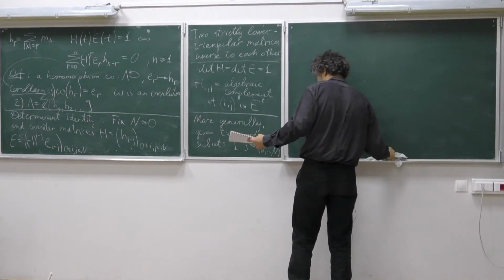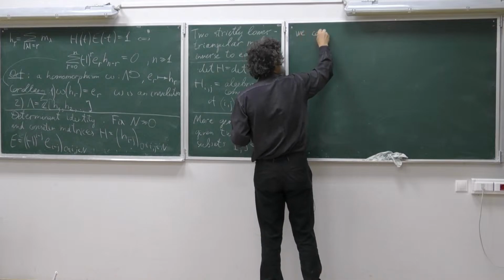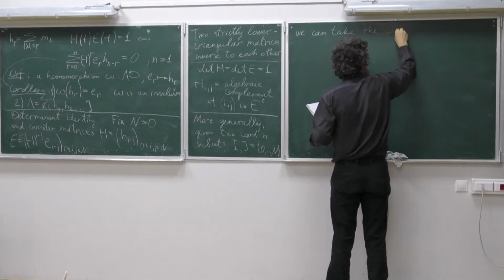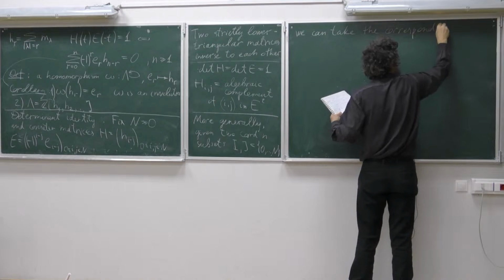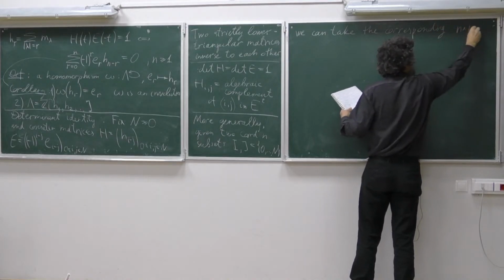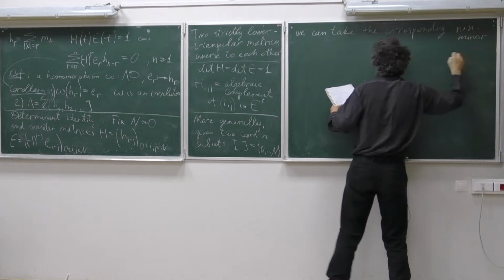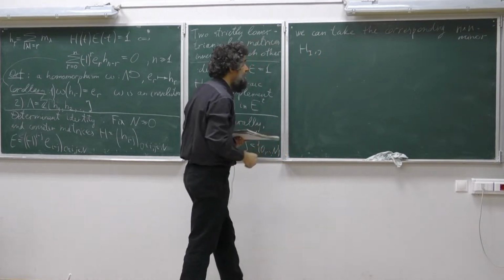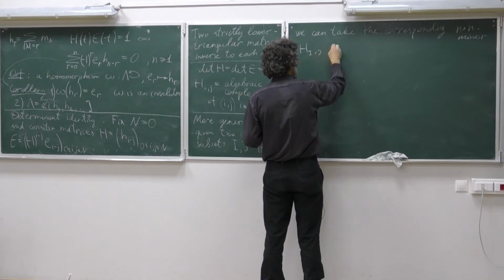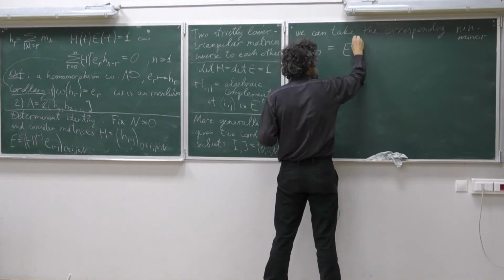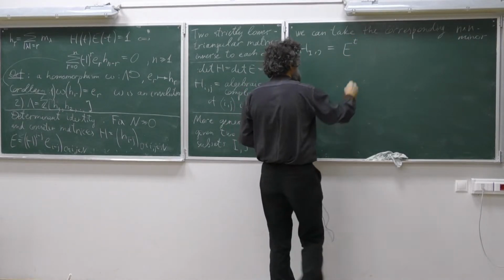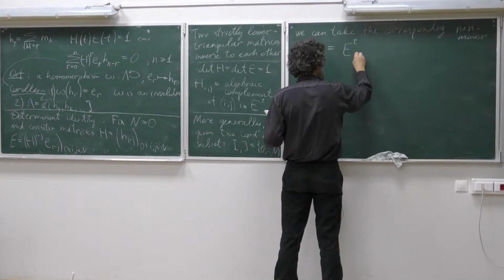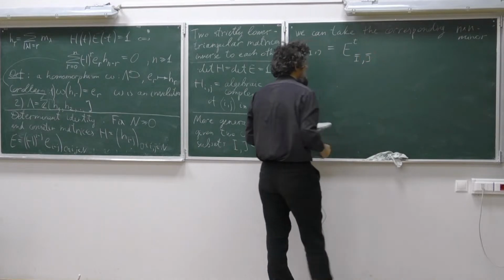So given this, we can take the corresponding n by n minor H I J, and then it will be equal to the corresponding minor in the transposed matrix of E, just of the complementary sets I bar, J bar.